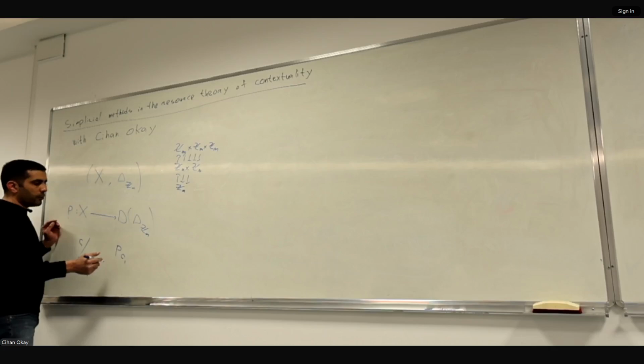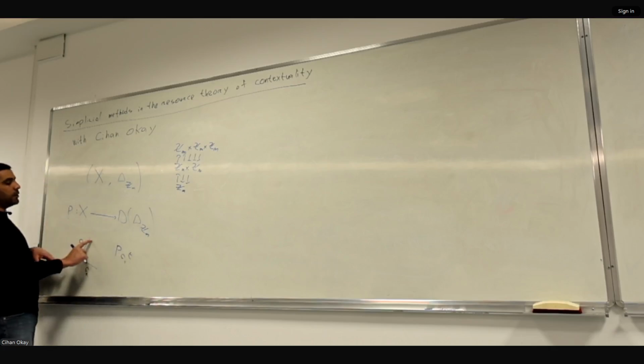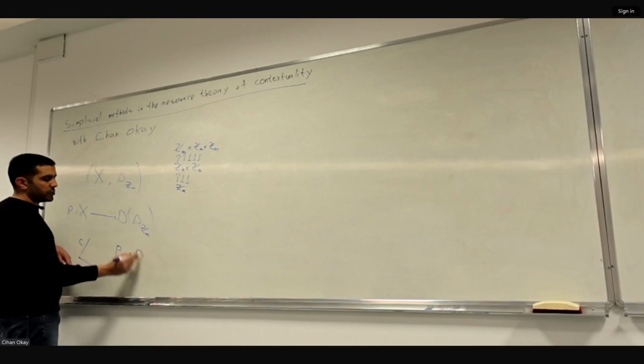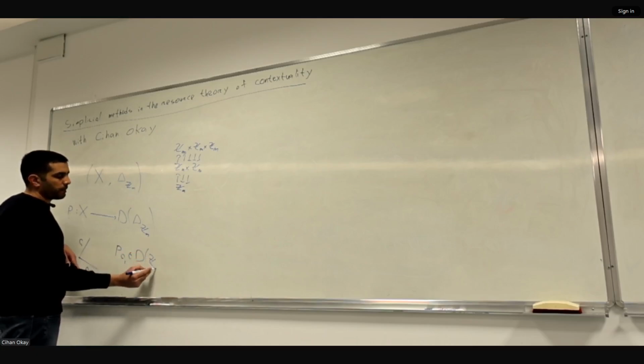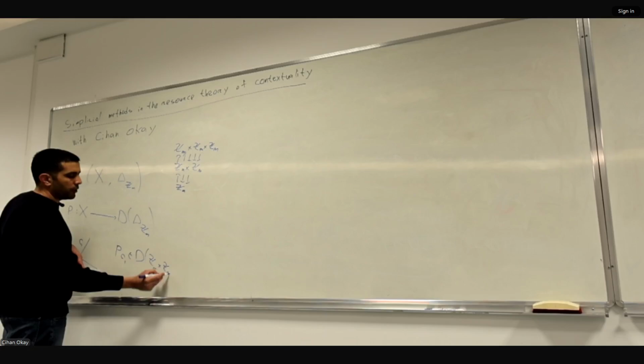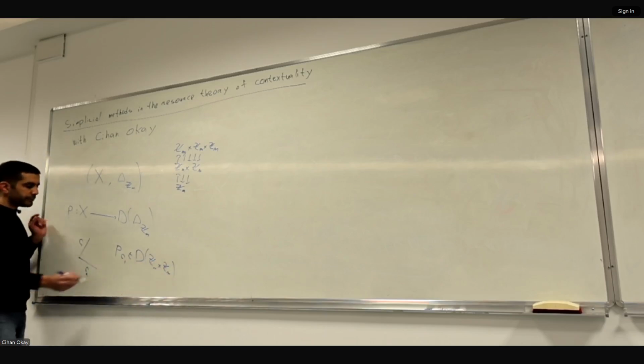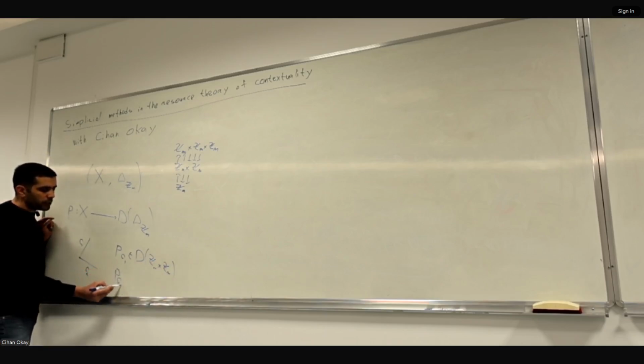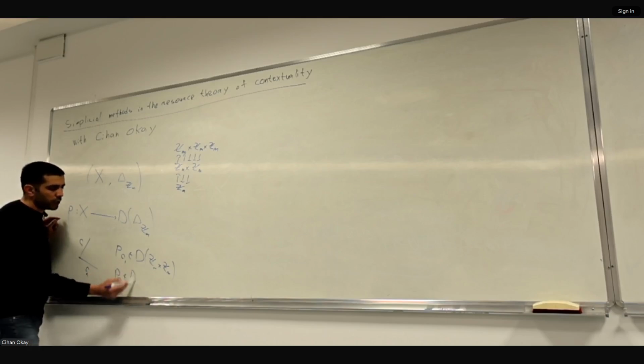Because it's one-dimensional, p of sigma 1 will be some distribution on here, and p of sigma 2 will also be some distribution on here.